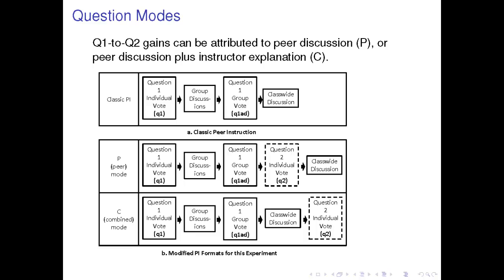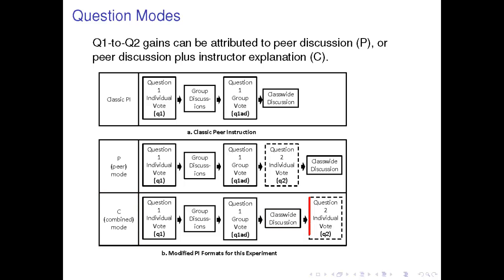In the P mode, I'm having students answer question 1, talk to their peers, and then immediately answer question 2. The rationale is that if they're learning from their peers, question 2 should be higher than question 1. In the combined mode, before question 2, I'm also giving students my explanation of the question.